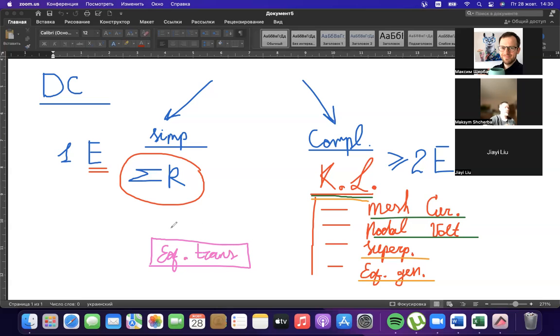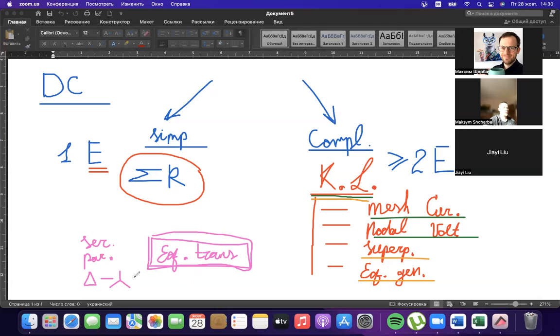That's all that we have. For equivalent transformation, it is series connection, parallel connection, and what do we have also? Star-delta connection from the previous lecture.